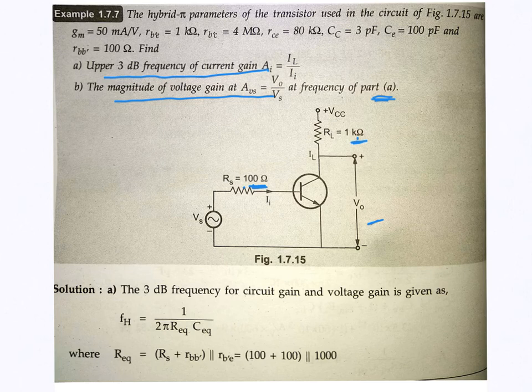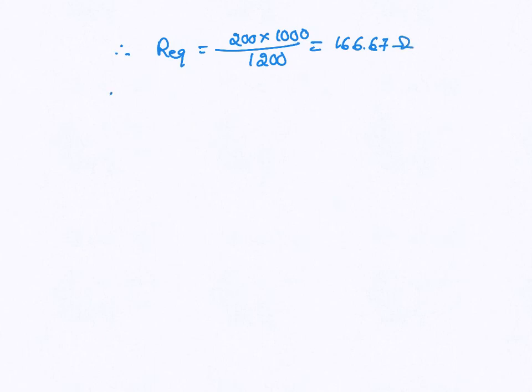So from that circuit, R equivalent will be equal to Rs plus rbb' in parallel with rb'e, that is 100 plus 100, which is parallel to 1000. Therefore R equivalent will be 200 into 1000 by 1200, which equals 160.67 ohms.